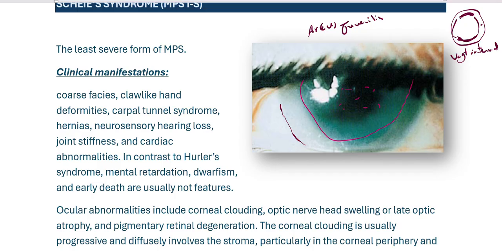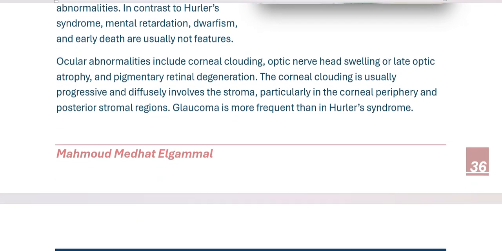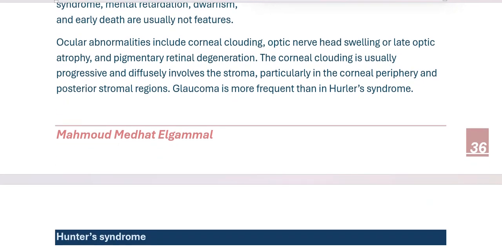If you see a child with such peripheral opacity, you need to differentiate mucopolysaccharidosis Scheie syndrome from Alagille syndrome from arcus juvenilis. This is very important. Glaucoma is very frequent as well, along with pigmentary retinopathy, optic nerve swelling, and optic nerve atrophy.